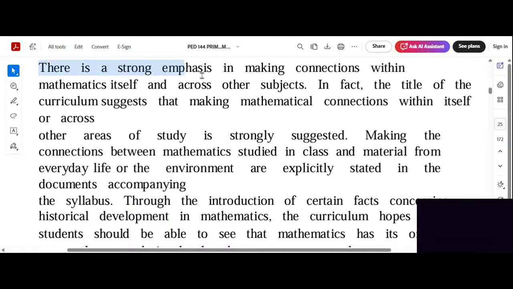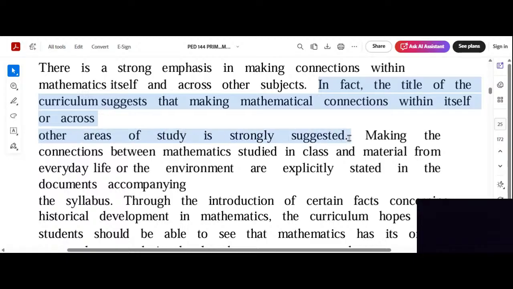There is a strong emphasis on making connections within mathematics itself and across other subjects. In fact, the title of the curriculum suggests that making mathematical connections within itself or across other areas of study is strongly suggested. Making the connections between mathematics studied in class and material from everyday life or the environment are explicitly stated in the document accompanying the syllabus.